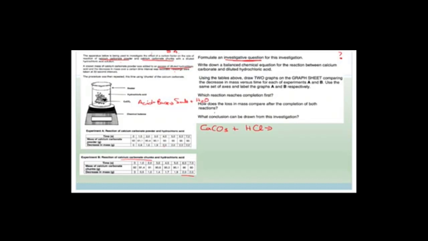If you've got a carbonate, you form the salt, the water, and carbon dioxide. And remember what we said about the salt. The salt is not table salt. It is an ionic compound which, when dissolved in water, forms ions. So it's going to be calcium chloride plus carbon dioxide plus water.